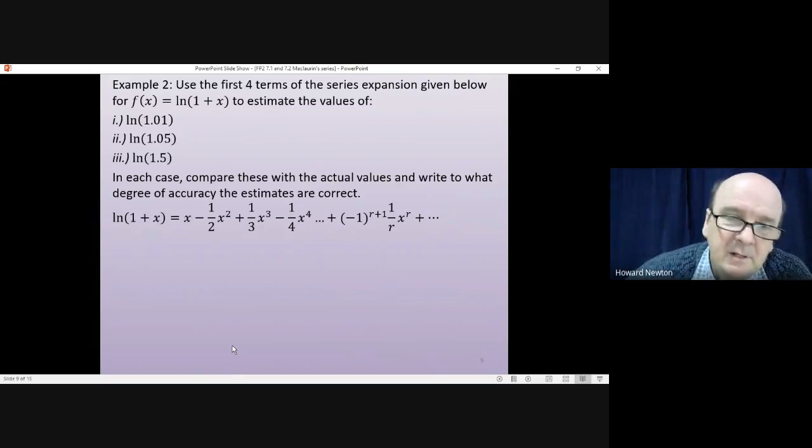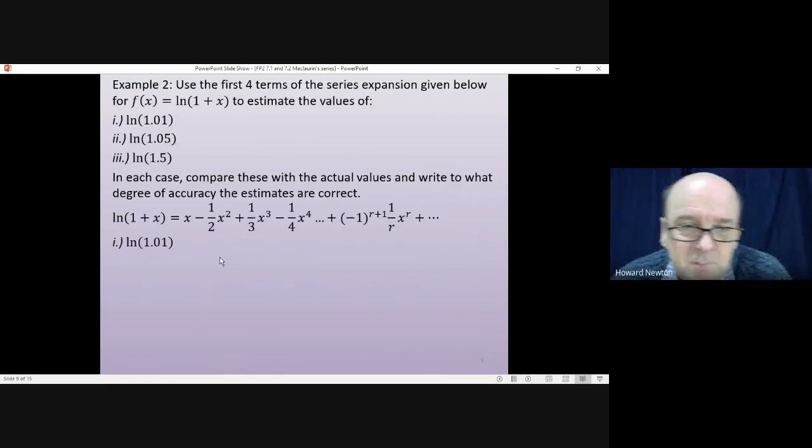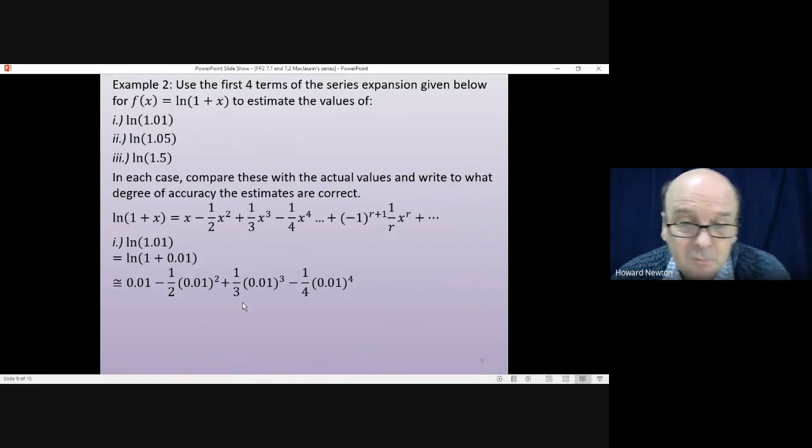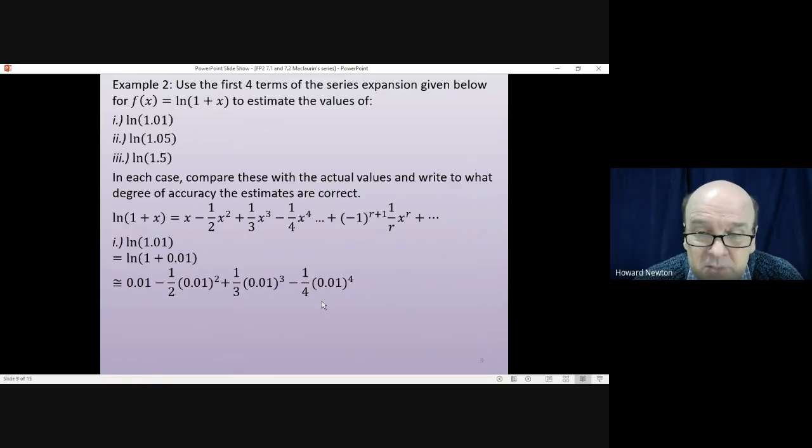Okay, let's have a look. Now, as we said, the log of 1.01, which is what we're asked to estimate in the first question, is the log of 1 plus 0.01, and then it's written in this form. So where x is equal to 0.01. And all we have to do is substitute x equals 0.01 into the series. I only need the first 4 terms for this question, so that is what I would have.